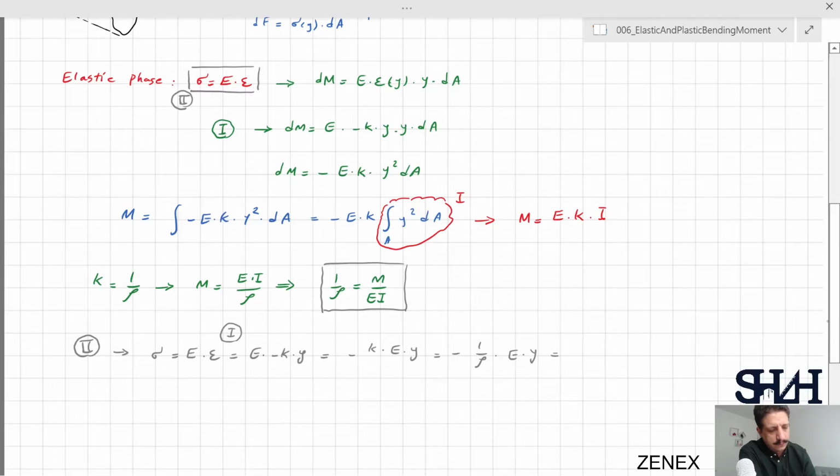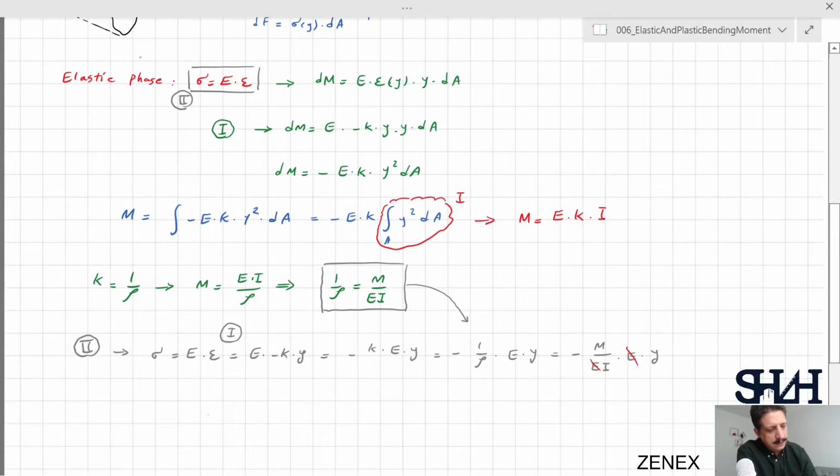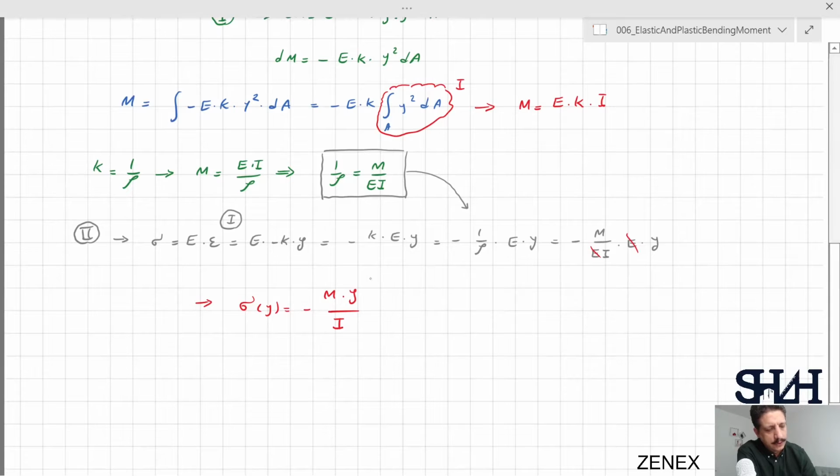And now we can use M divided by EI instead of 1 over rho, so it will be minus M over EI times E times y. We can cross out E, and then sigma at each elevation can be written as minus M times y divided by I. So this equation is valid only if the section is in elastic phase.